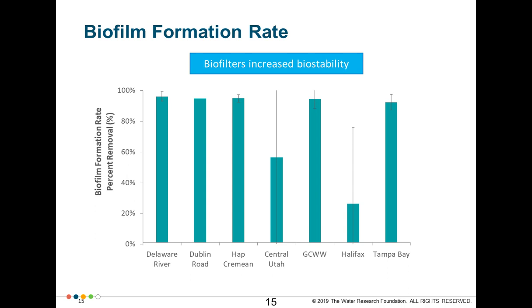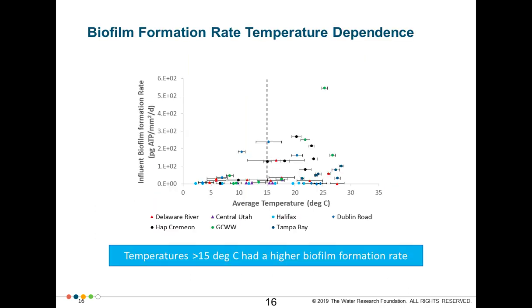It's pretty low. And from earlier studies we've done with them, we knew their AOC and BDOC concentrations were relatively low. So we knew in general that at Halifax Water, they were operating as biological filtration, but their bioactivity was relatively low compared to other facilities. So this is another line of evidence that the biofilm formation rate was providing a good indication of biological activity.